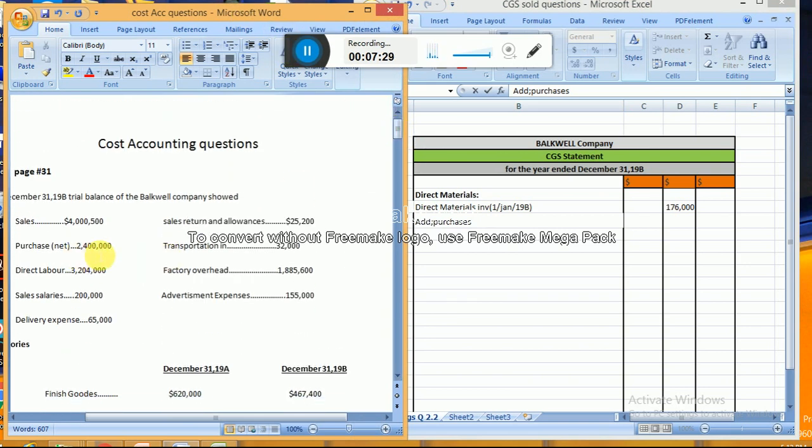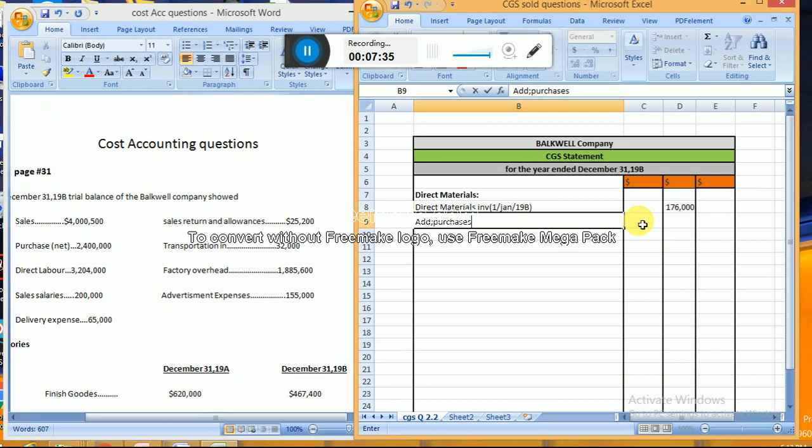Purchases net are given: $24 lakh. We will look whether there are some purchase returns in the question or not. If purchase returns are given, we subtract them from the purchases. But in this question, no purchase returns are given.